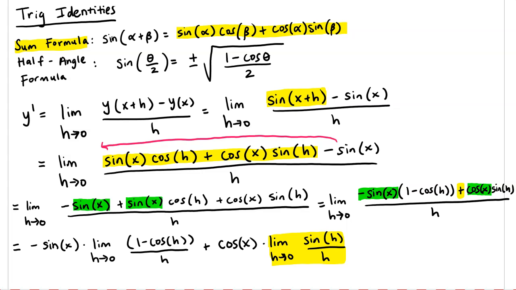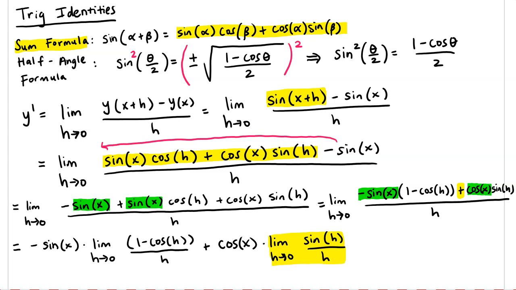The way that we're going to do that is I'm going to take my half angle formula and square both sides of that. If I do that, we end up getting from this identity that sine squared theta over 2 is equal to, I'm going to square that whole radical expression, and that would give me 1 minus cosine of theta over 2.